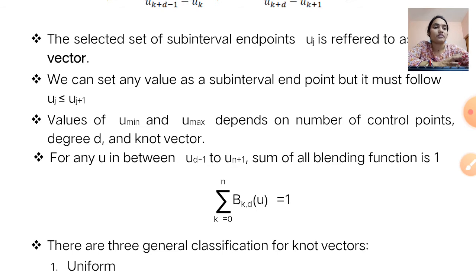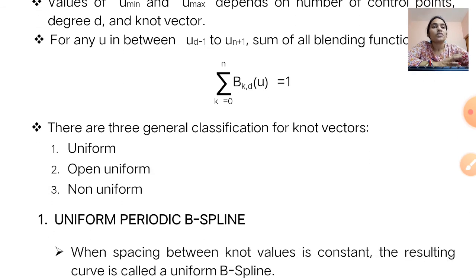Okay. So now the knot vectors are classified into 3 types. One is uniform periodic B-spline, another is open uniform B-spline, and the third one is non-uniform B-spline. First we discuss uniform periodic B-spline.